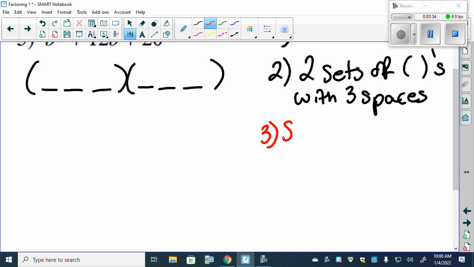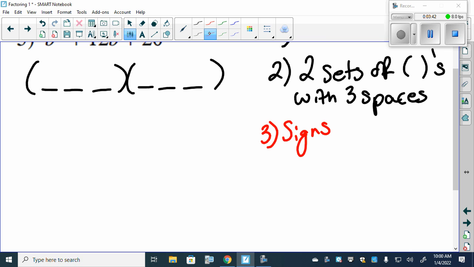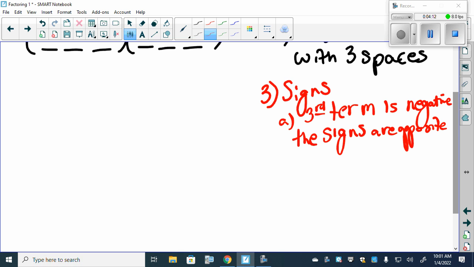Now the next part was our signs. If the third term is negative, y'all remember? The signs are opposite.